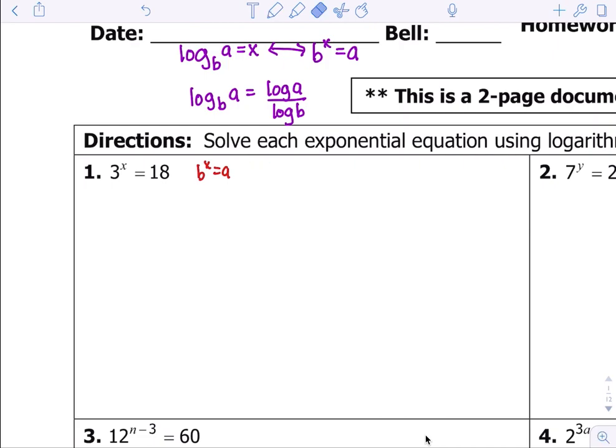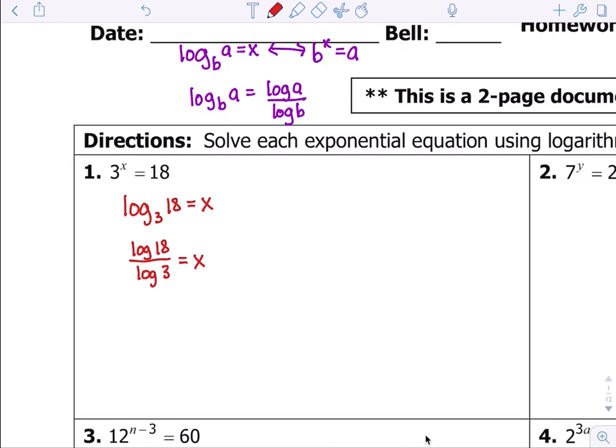Now we change it to log form: log base 3 of 18, with 18 as the argument, is equal to the power, which is x. Now we do the change of base formula: log of 18 over log of 3 is equal to x.